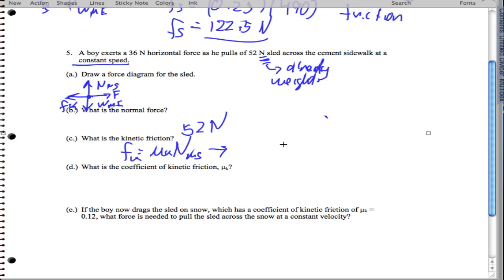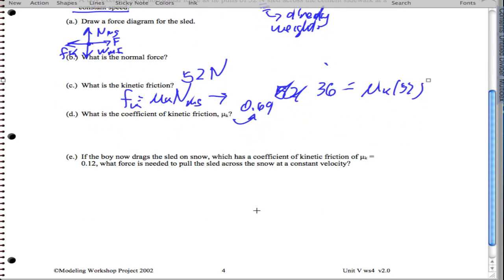So that means, since it's a constant speed, 36 equals mu kinetic times 52. And that gives me 0.69 for my coefficient.